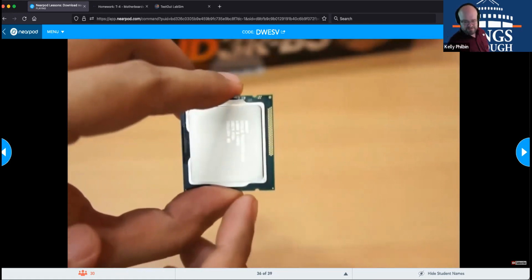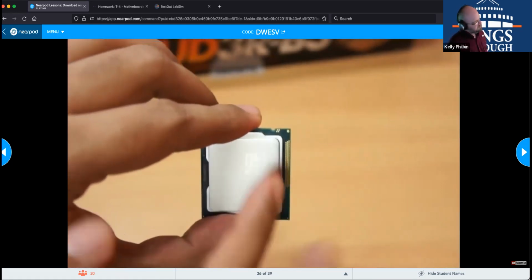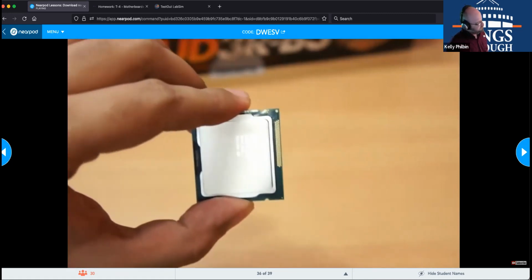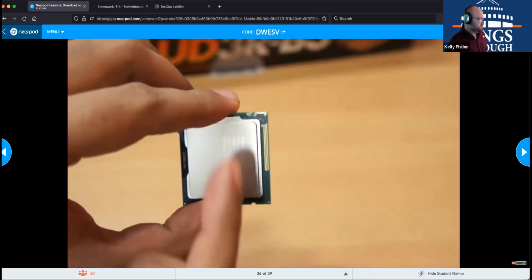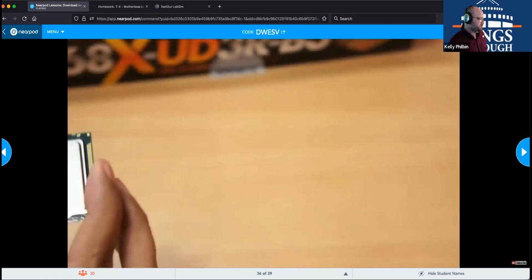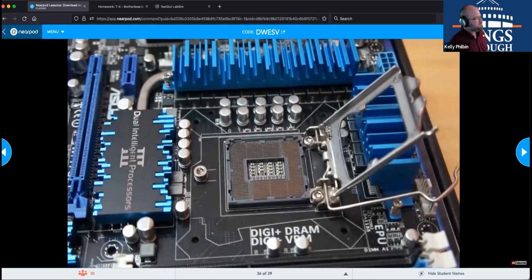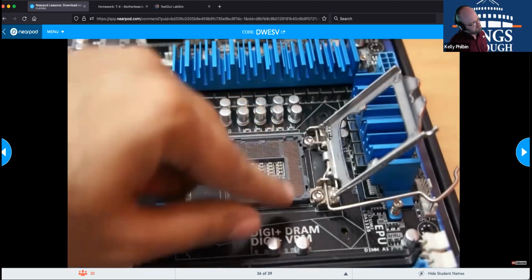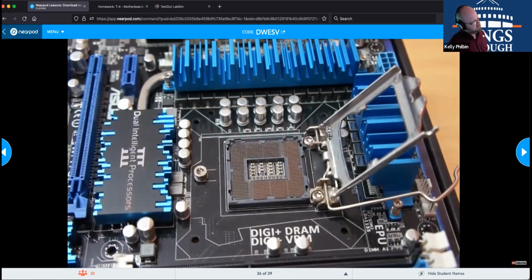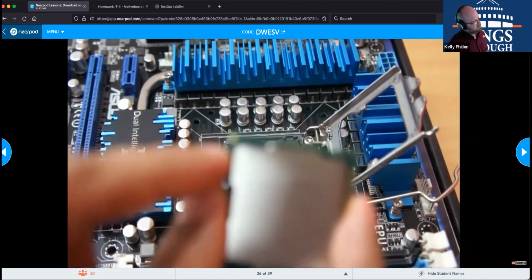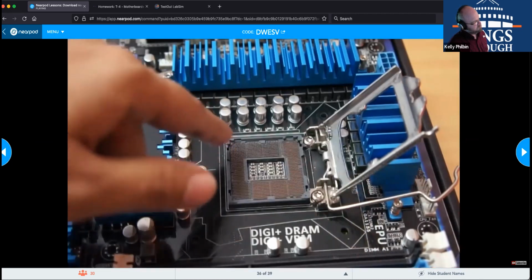If you notice here, you can see these two notches, and on the socket of the motherboard also you'll have similar two notches. Let me move the motherboard now. And as you can see, here are the two notches. We also have an arrow over here, and we have an arrow on this.